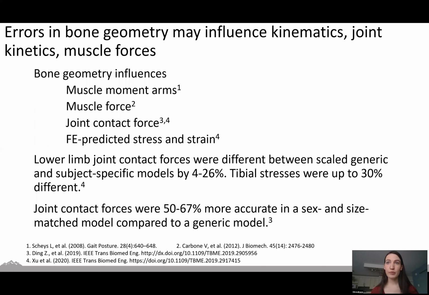The statistical shape model method that I'm using here would provide additional improvements in geometric accuracy over that atlas-based approach, so I would expect even greater accuracy in joint contact forces than was observed in that study. But more work is needed to quantify exactly how much the improvements in geometric accuracy using the shape model will affect outcome measures from musculoskeletal models.